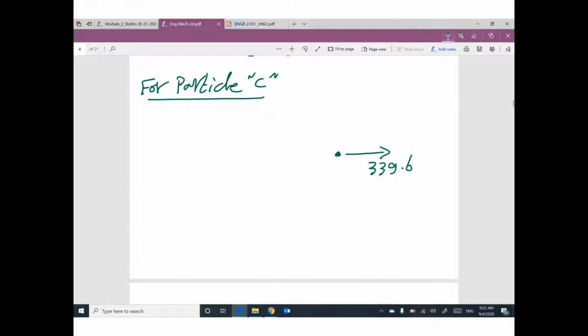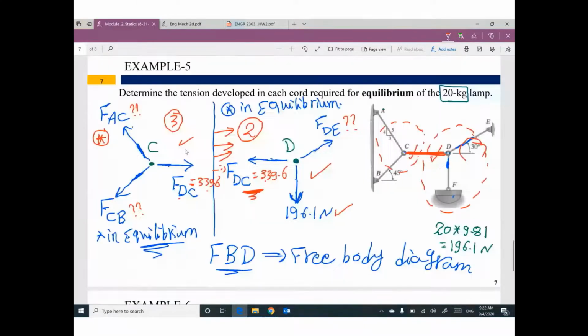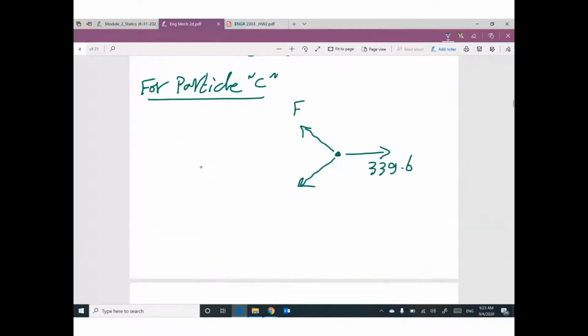We have force here, and we have another force here. You go back, FAC and FCB.